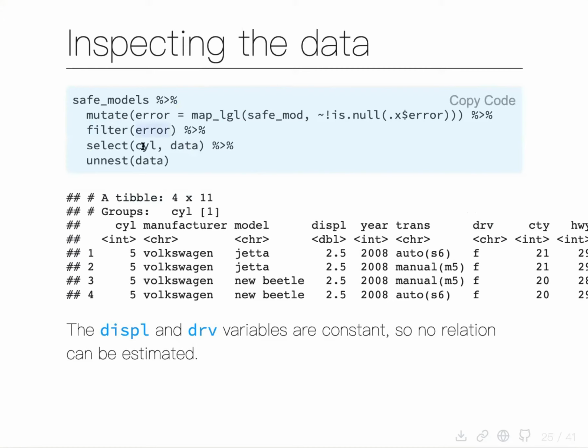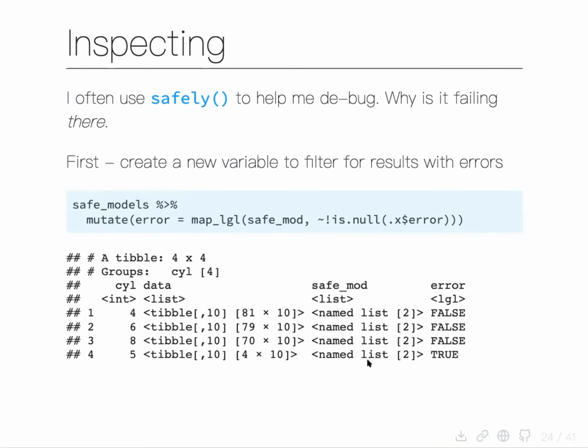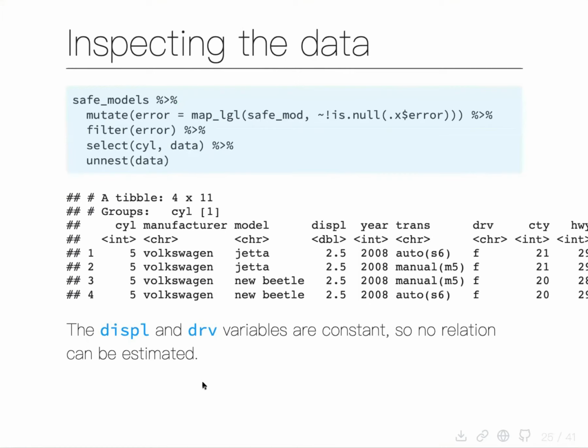Then I'm going to select cyl and data and unnest that data. Basically, I'm selecting just this row, and I'm saying give me this column and just the data, and then unnest the data. That gives me this. Now, if I think back to my model that I used, I had displ, which is here, and drv, which is here.